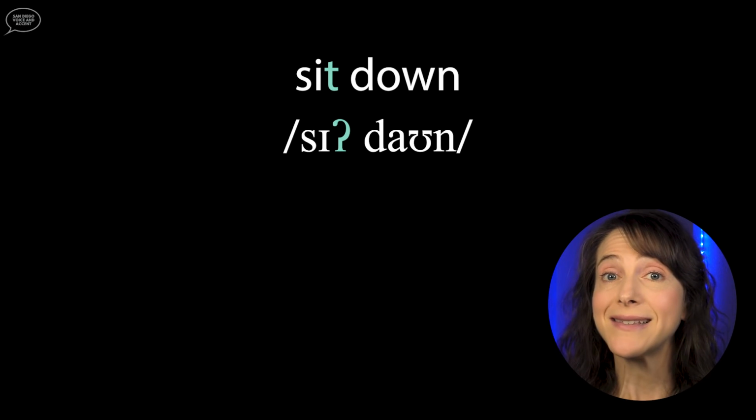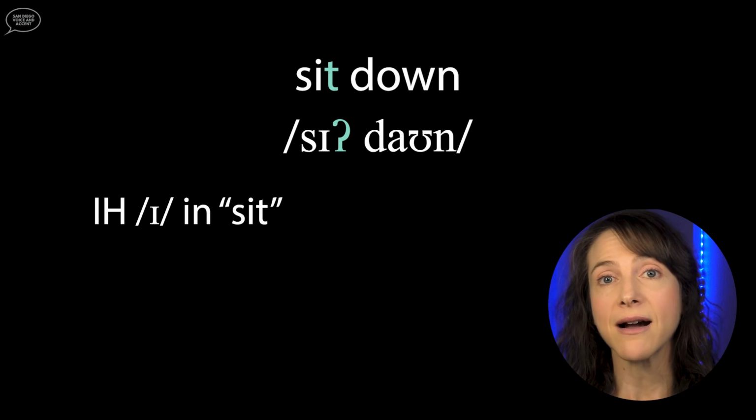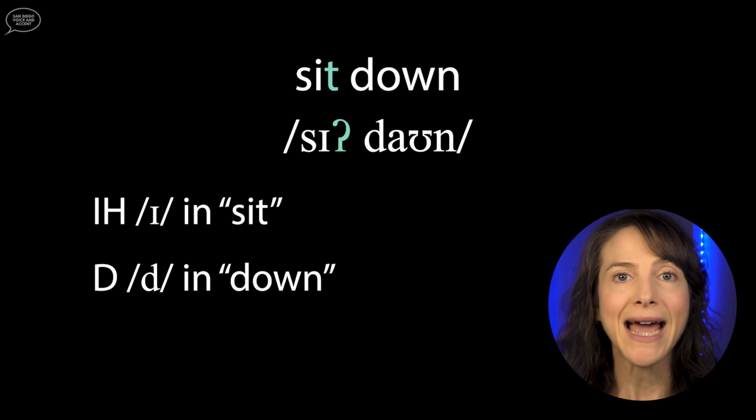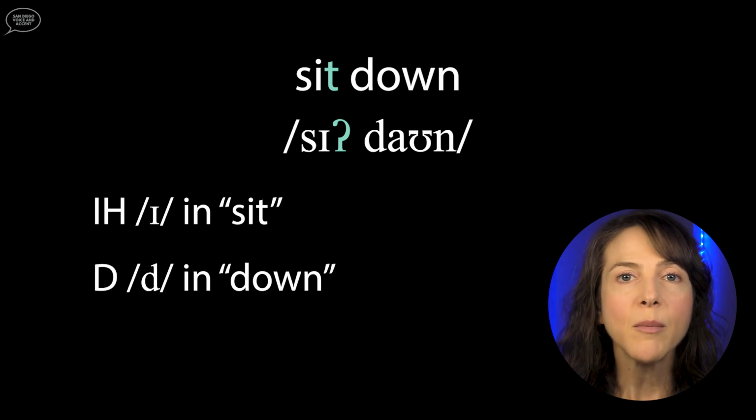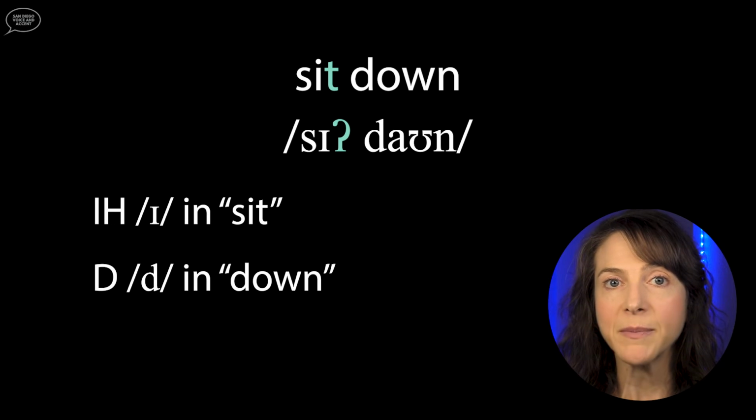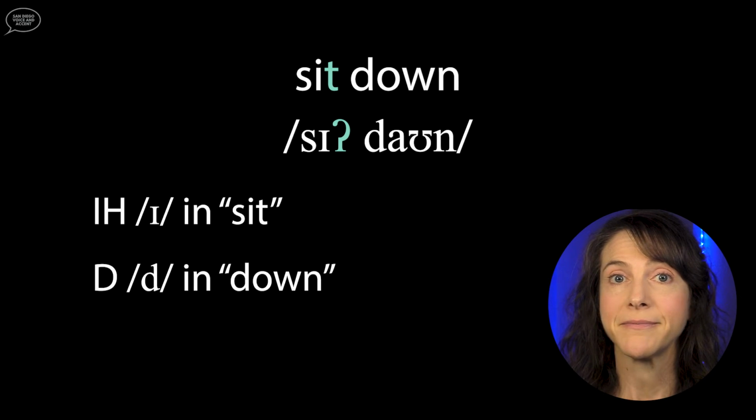This also happens when linking sentences together, and here's where many non-native speakers struggle. Look at this phrase. Sit down. The first word, sit, has a vowel and then a T consonant, and the next word, down, begins with a consonant. This phrase will almost always be linked using a stop T in the first word, sit.